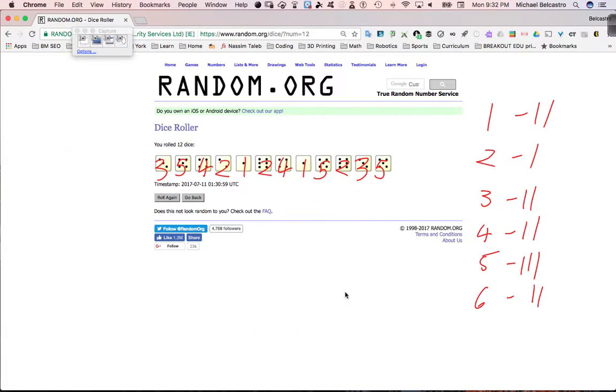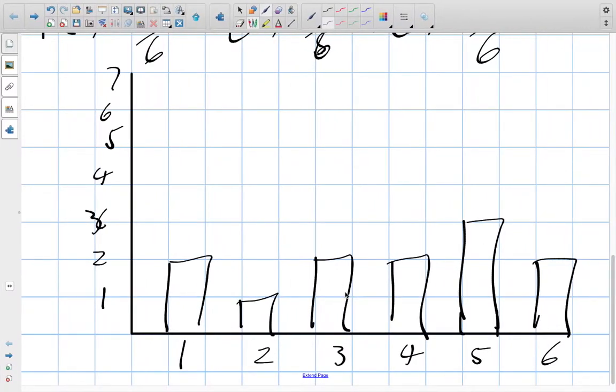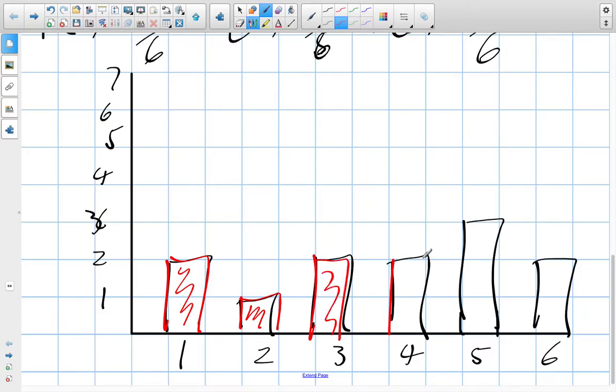Double check that. Okay. I know technically I didn't read it out, so let's do it. We rolled 2 1s, 1 2, 2 3s, 2 4s, 3 5s, and 2 6s.